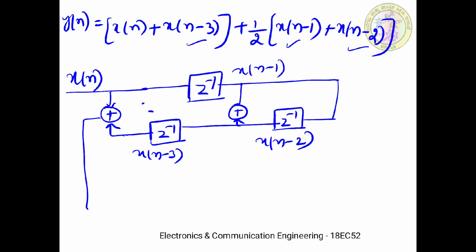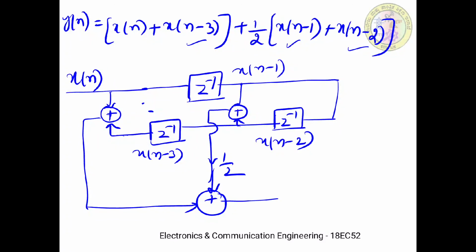This sum is now multiplied by 1 by 2, and it is added. So this is y(n). Okay, so this is the linear phase realization of FIR systems for the given transfer function.